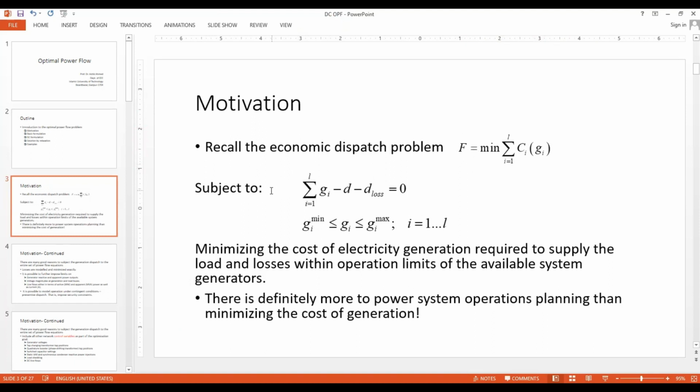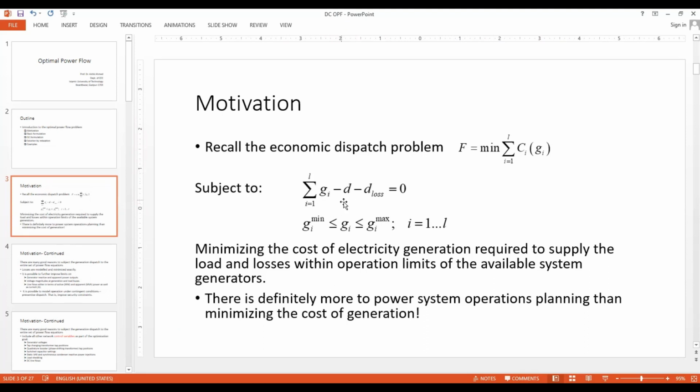And then we also discussed the associated constraints for solving the basic economic load dispatch problem, where the constraint was simply considered as the summation of all the generations. So the summation of GI, where G stands for the real power generation, for L number of units. So this is the total generation here.